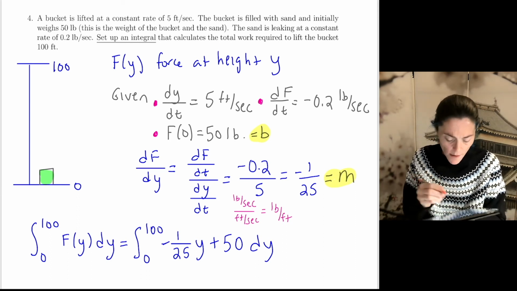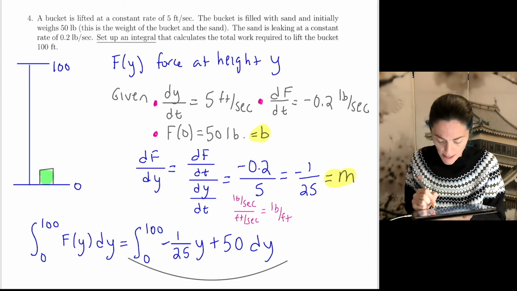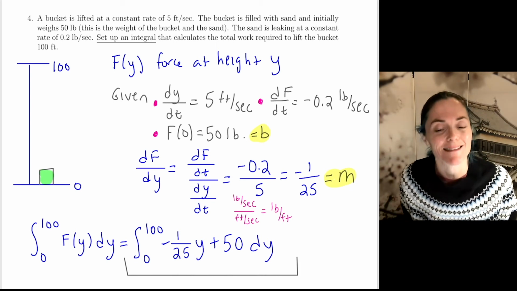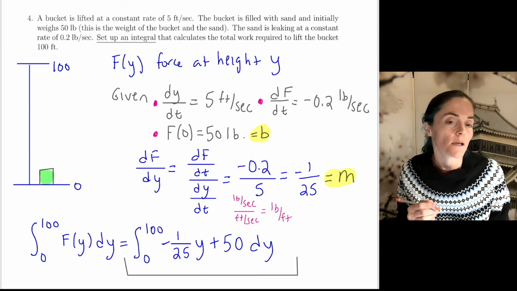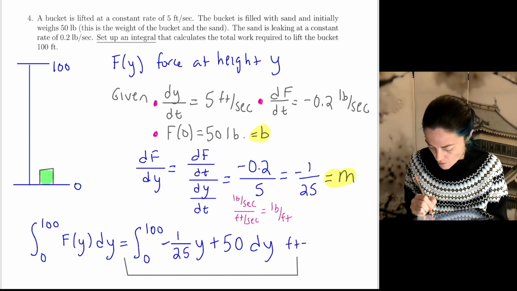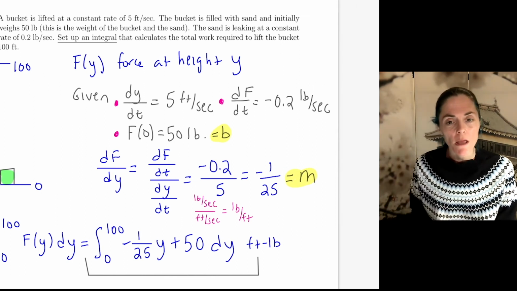Of course, this is not hard to integrate, but that's not the goal here. We're trying to set up an integral that calculates the work. Now, just as a comment, this is in US customary, and so this would be foot-pounds. Okay, this is number 4.